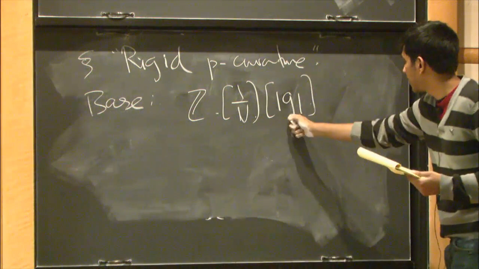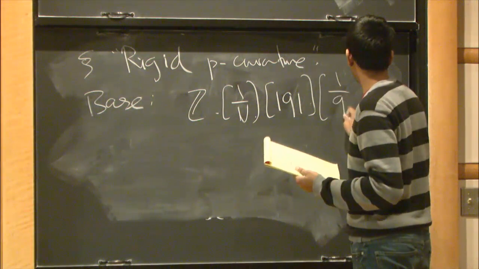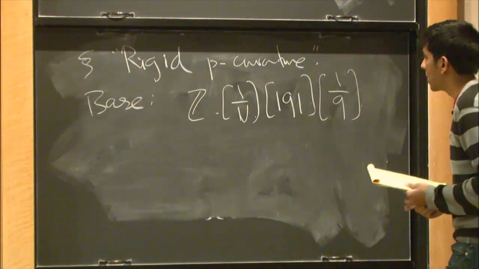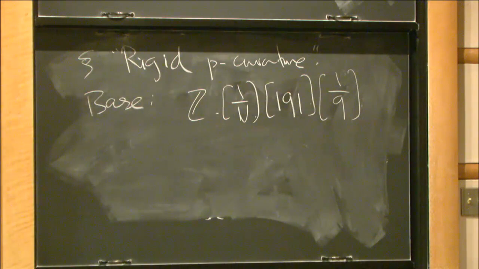Then you look at the power series ring in some variable q with q inverted. So this is going to look like the base.